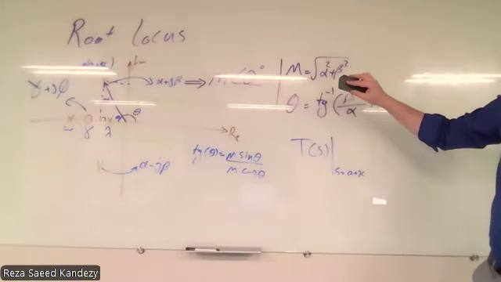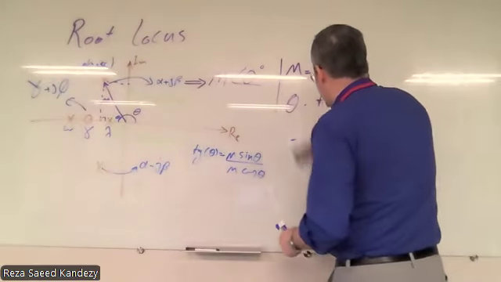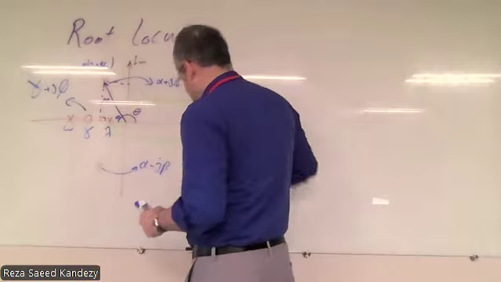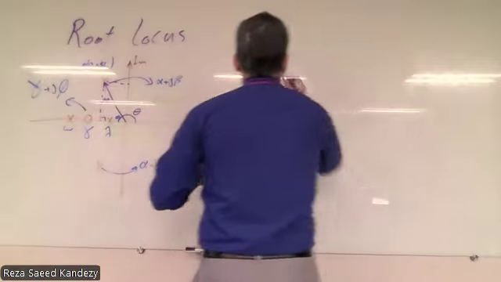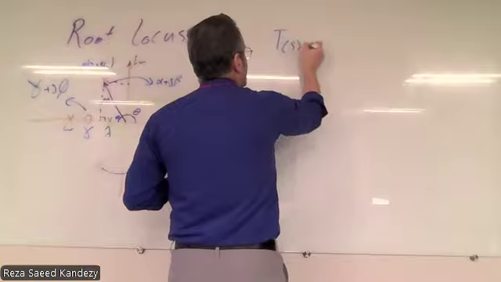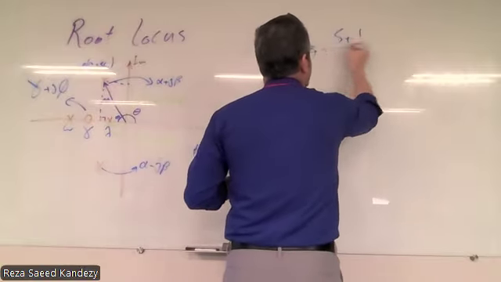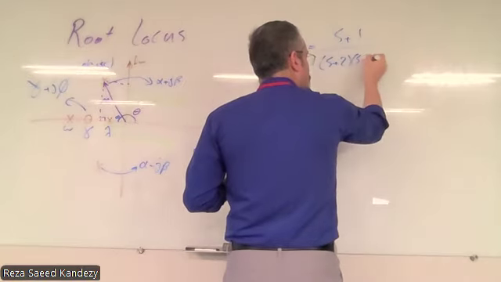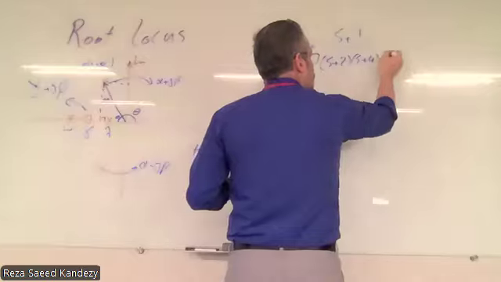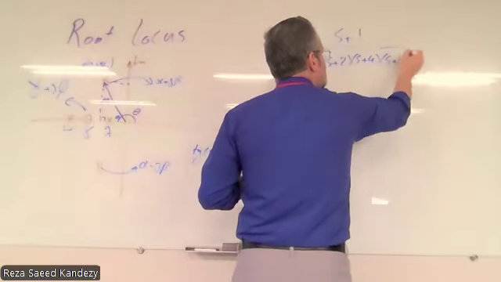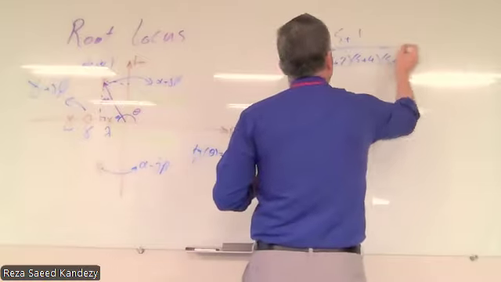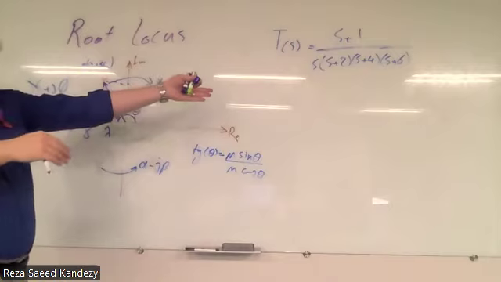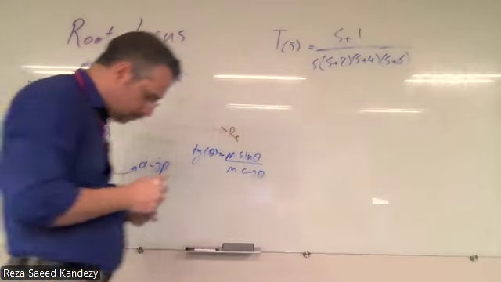Can I erase this? Yeah. Let me show it by an example. Let's say we have a transfer function that is, for example, s plus 1 over s times s plus 2, s plus 4, s plus 6, and I have another s squared plus 4. Okay, this is not the transfer function of this plot. You already know that, right?